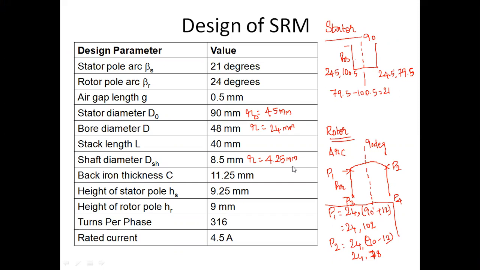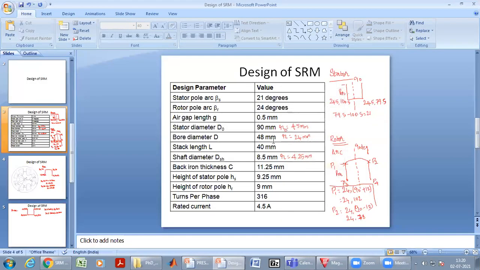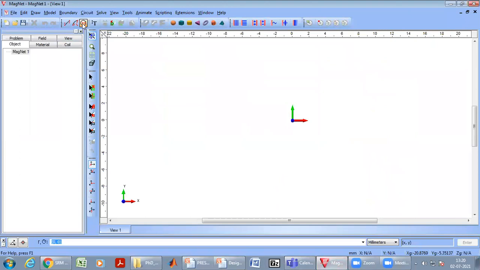We'll draw a circle because the shaft is represented as a circle. The center is 0, 0. The radius is 4.25. I'll draw a circle. So the first part is over.